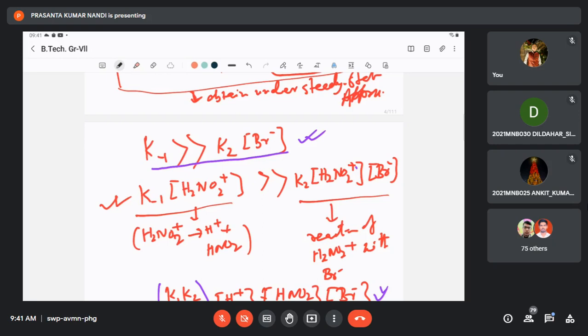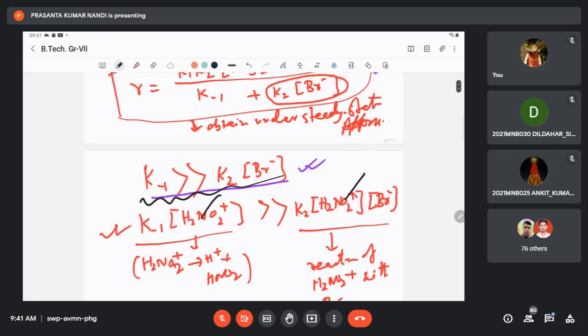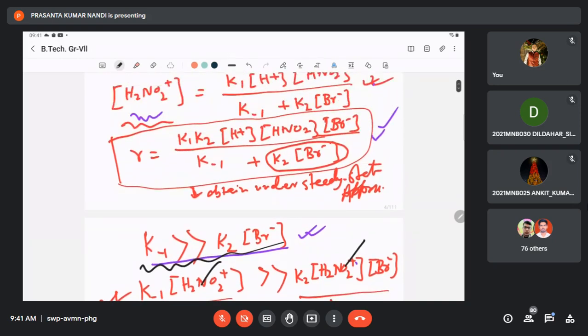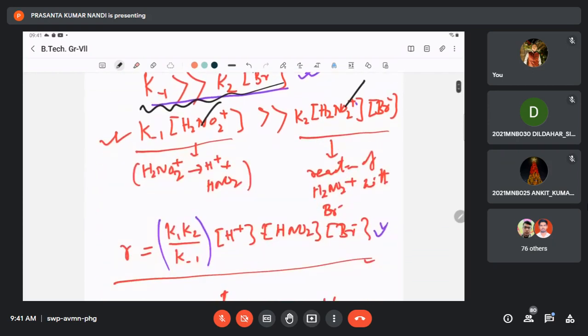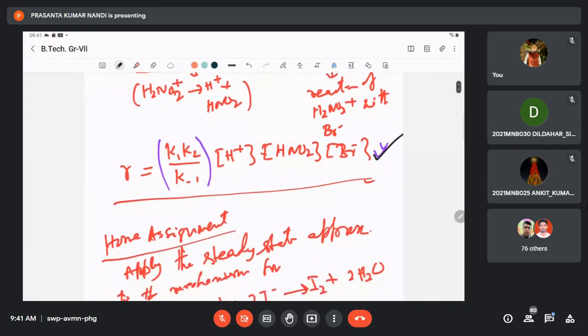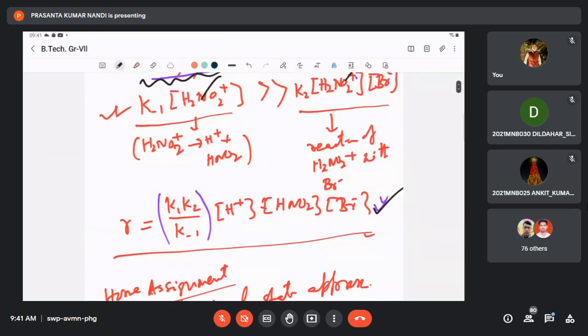That means ultimately we can write this expression because this part is cancelled out. So you can write the simpler expression, and in that case, in the denominator, the second part k2[Br-] is dropped. So we get a simplified rate equation like this, which is the observed rate law, the differential rate law.